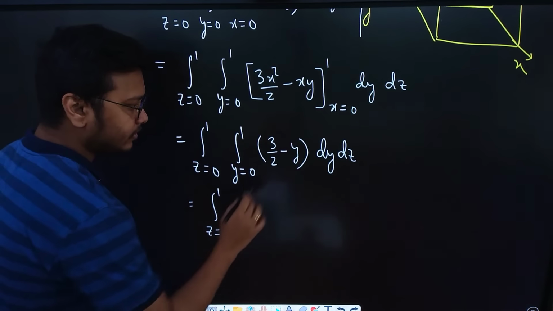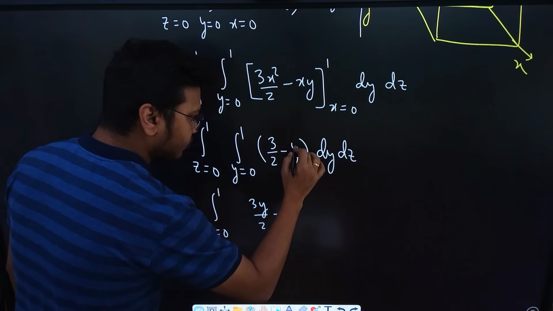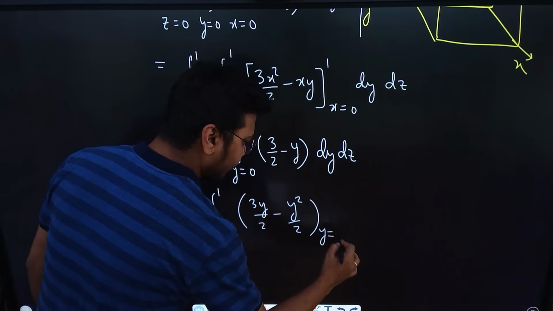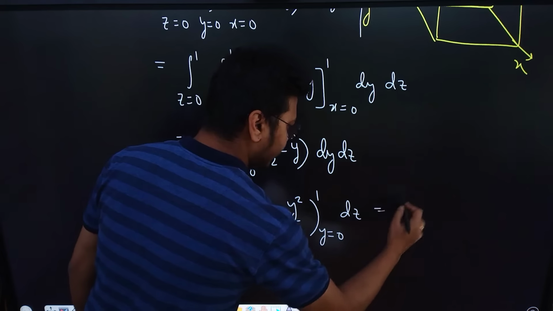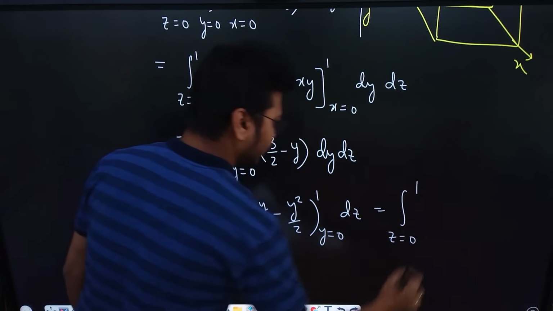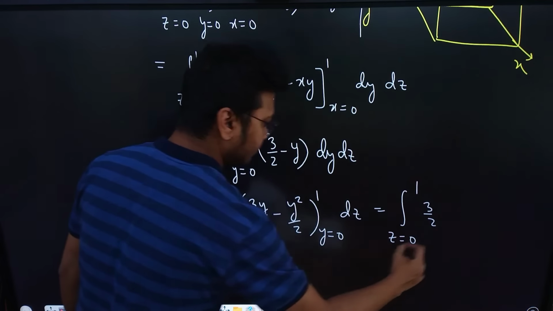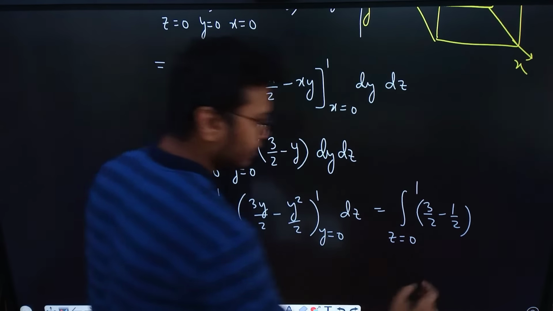If I integrate this with respect to y, I'll be having 3y/2 minus y²/2, the limit of y from 0 to 1, dz. If I put the upper limit, I'll be having 3/2 minus half, and if I put the lower limit, that's going to be 0.